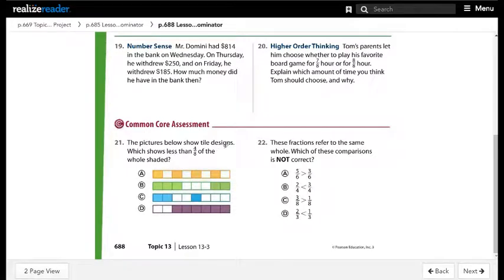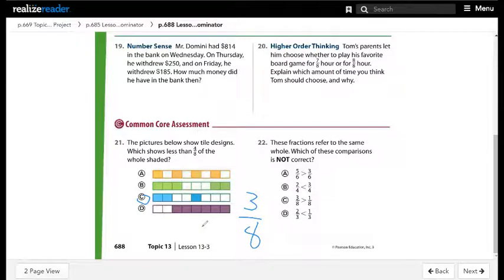But the question asks which shows less than 4/8, so it's not A. B shows 1, 2, 3, 4, 5 out of 8, 5/8 of the parts shaded, so it's not B. Part C shows 1, 2, 3/8 parts shaded, and part D shows 1, 2, 3, 4, 5, 6/8 parts shaded. So the correct answer that shows less than 4/8 is C, because it shows 3/8, which is less than 4/8.